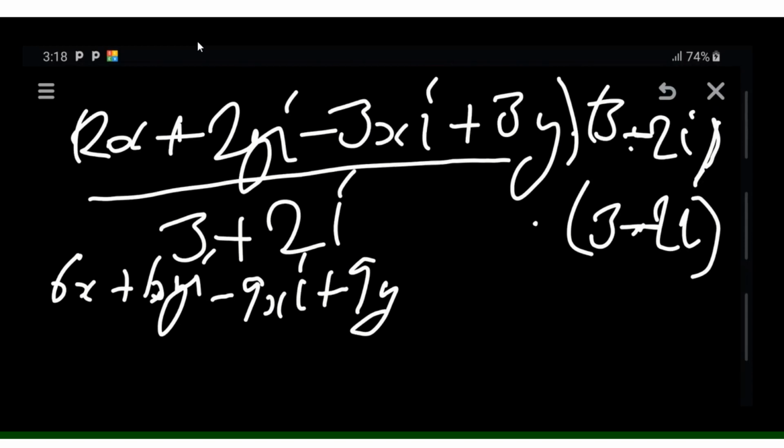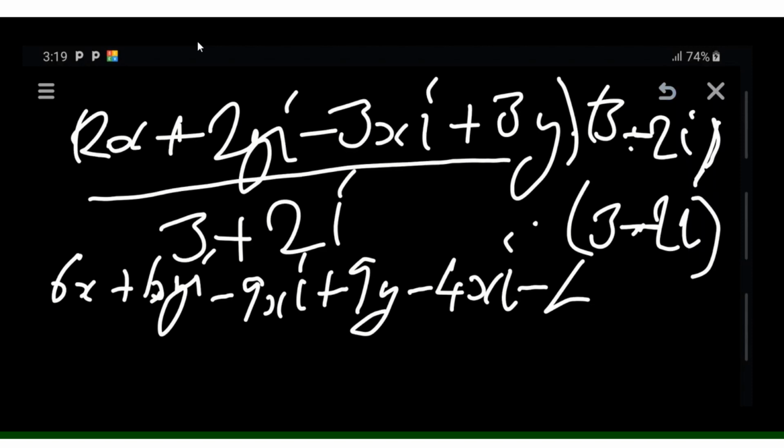Here we go. Go to the 2i multiplied by 2x is minus 4xi, and minus 2i times 2yi, now we have i times i positive.